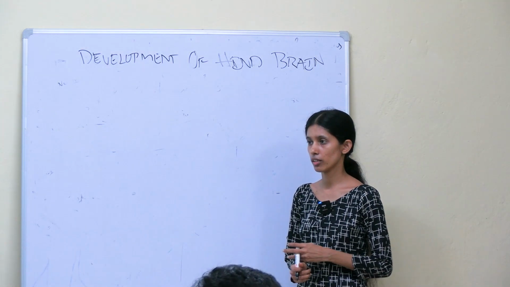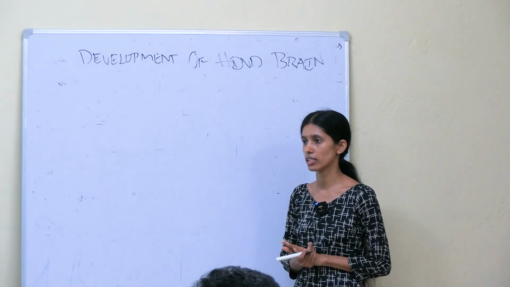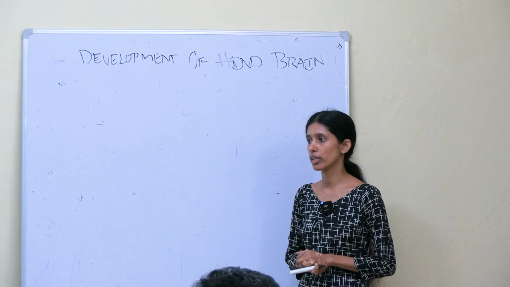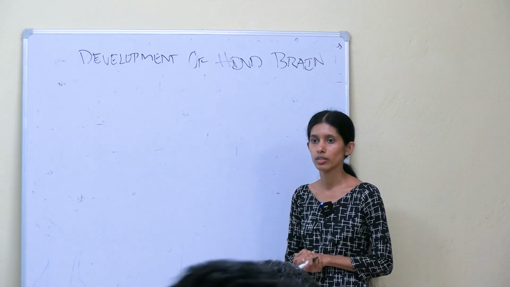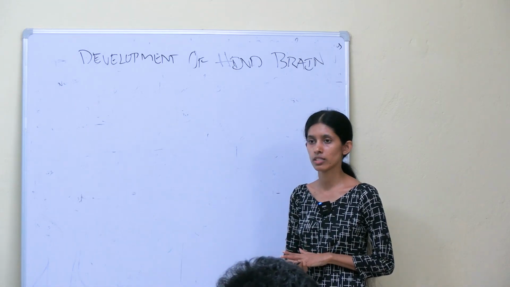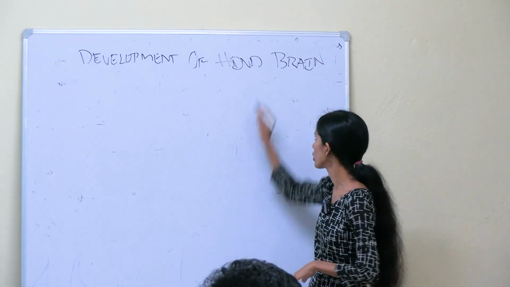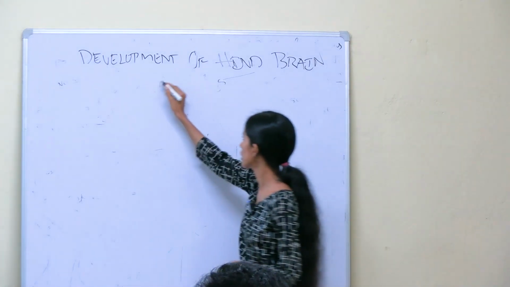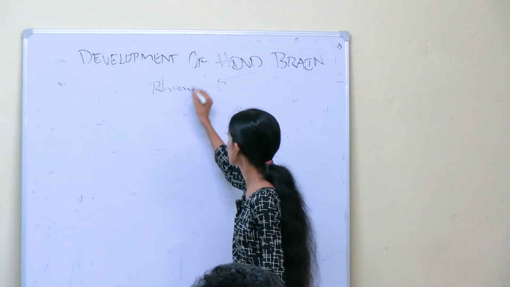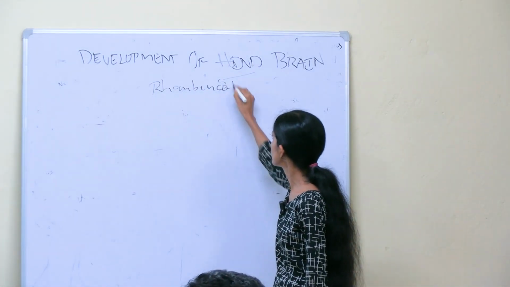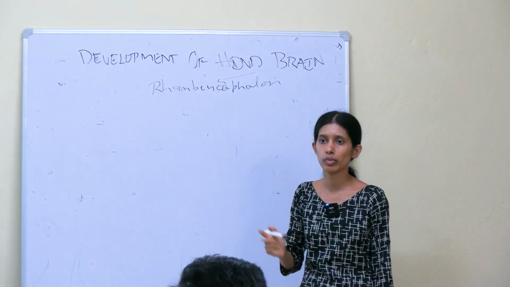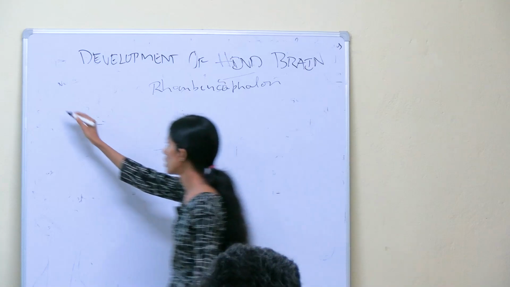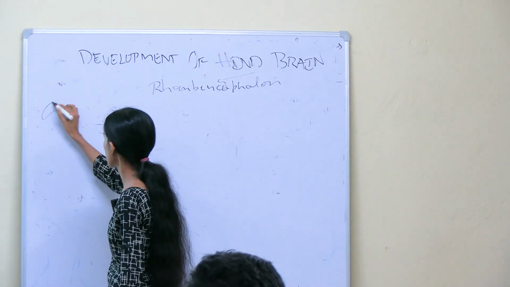At the primary or initial stage we can see the primary brain vesicles. We have 3 primary brain vesicles: prosencephalon, mesencephalon and rhombencephalon. So the hindbrain is basically the rhombencephalon part. These 3 primary brain vesicles will give rise to secondary brain vesicles. What are those?